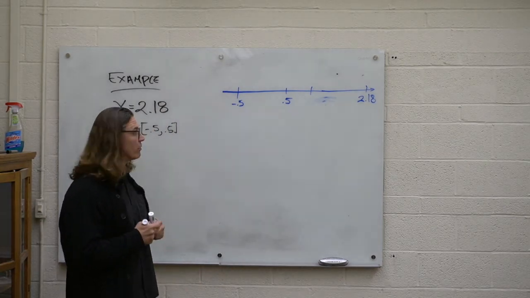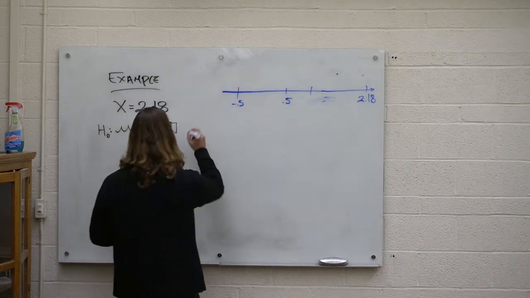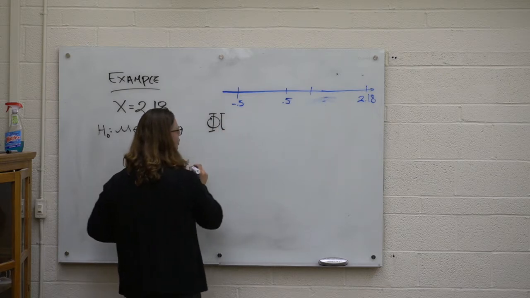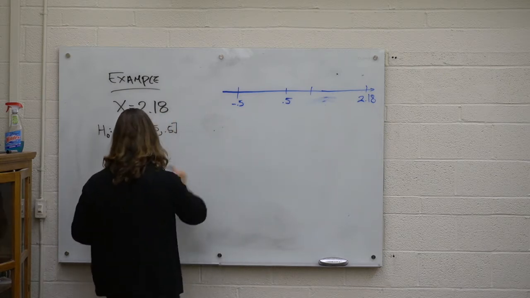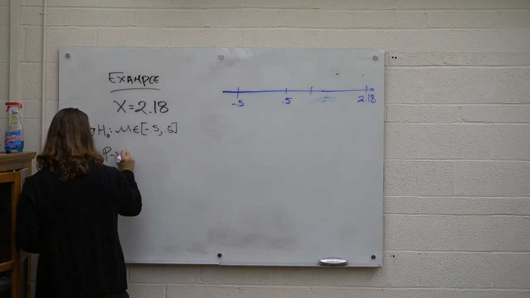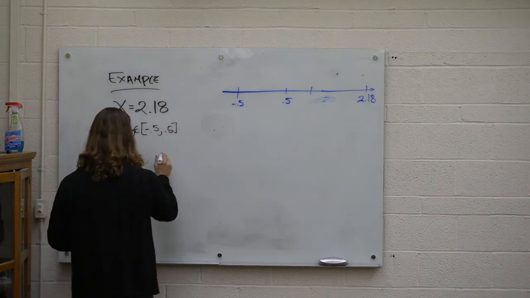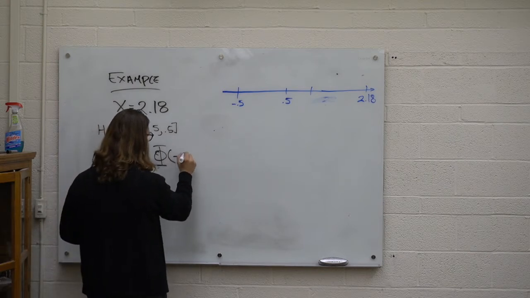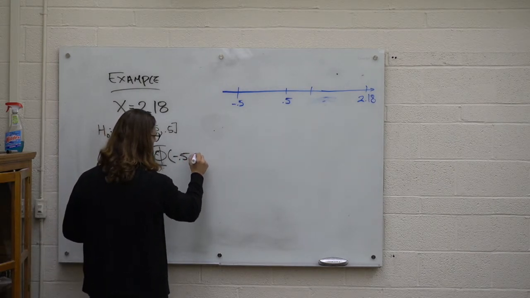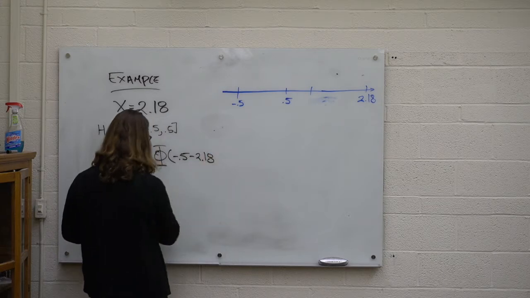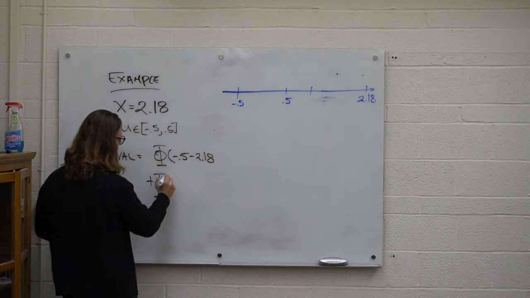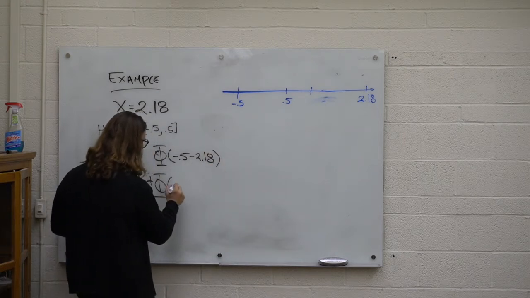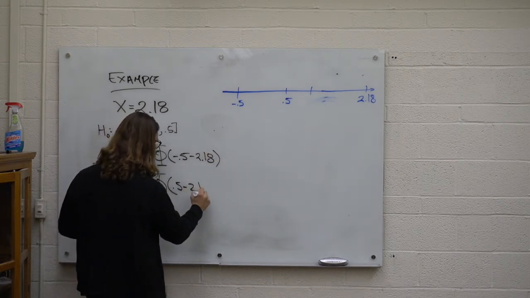So let's see how this test performs. What I'm going to do is compute this right here. So this is going to be our p-value. I'll write it down here. It is going to be equal to psi of minus 0.5 minus 2.18 plus the cumulative of 0.5 minus 2.18.